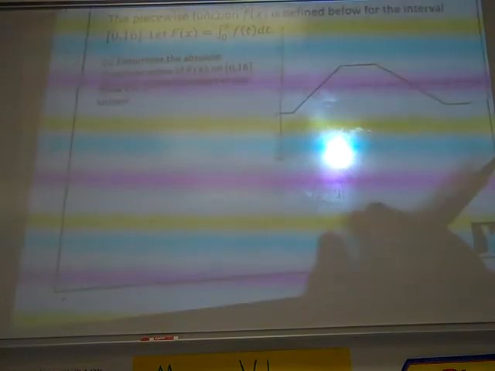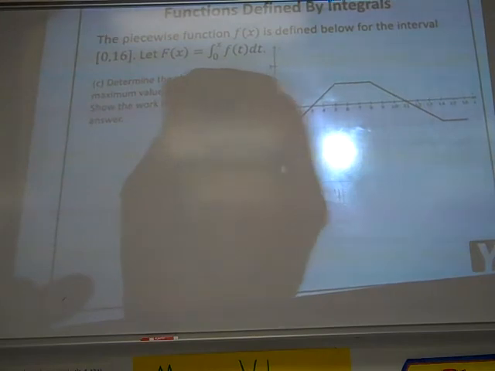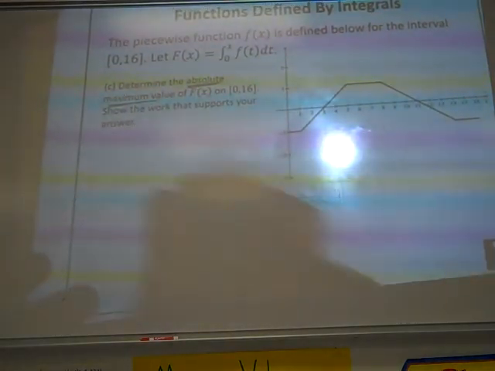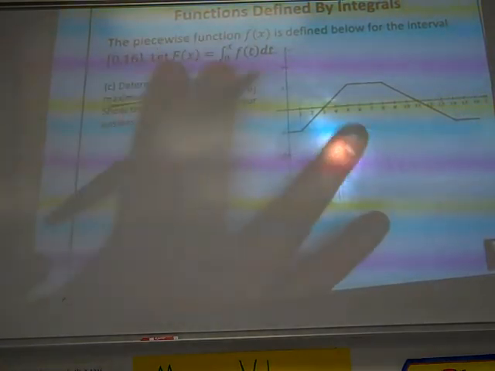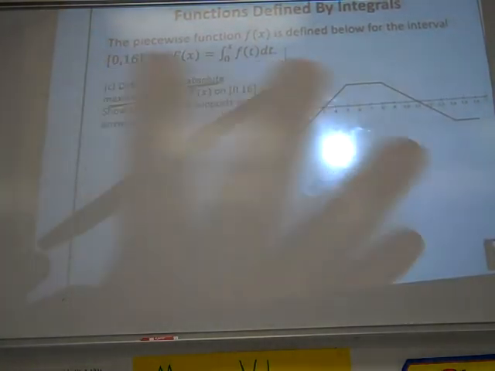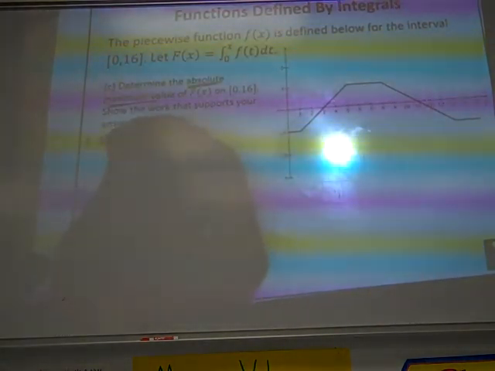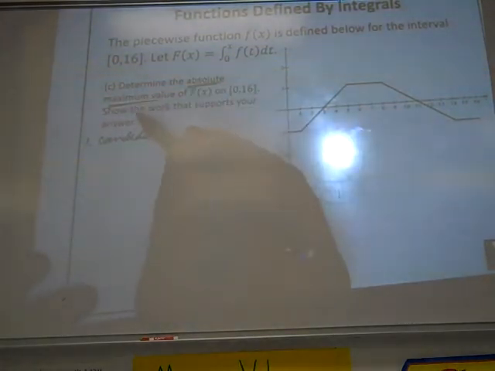Same graph, new question. Determine the absolute maximum of big F on the interval 0 to 16. Okay, absolute maximum. It is a 4-step process. You have to do all 4 steps. The first is you identify your candidates. Where might you have an absolute maximum?